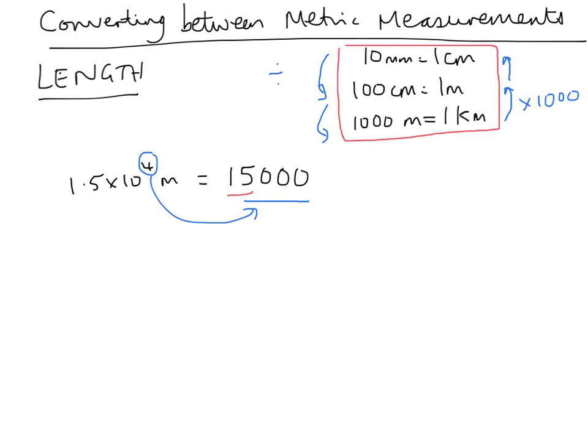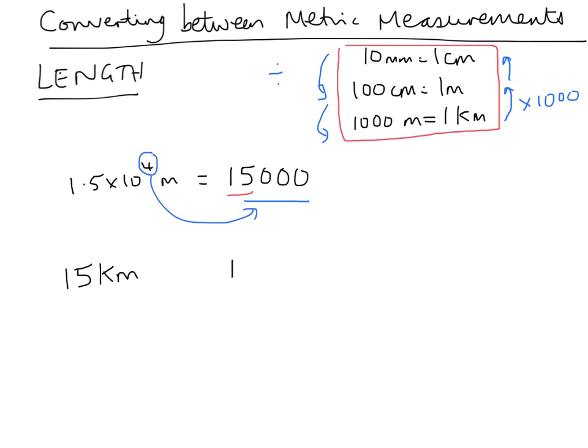because we're going downwards on our little table at the moment because we're getting less kilometres than metres. So that's going to be 15 kilometres because 15,000 divided by 1,000 is of course 15. Now to go from metres to centimetres, I need to times by 100.